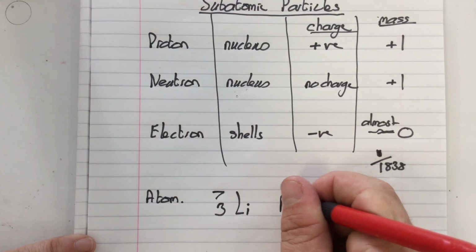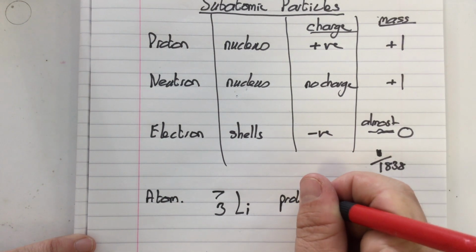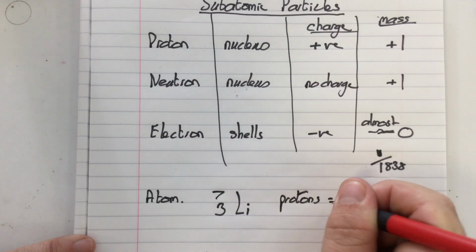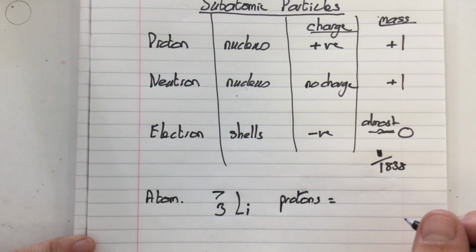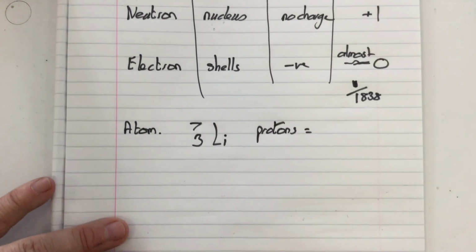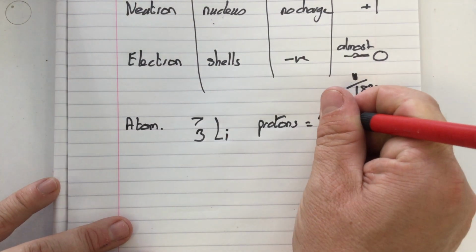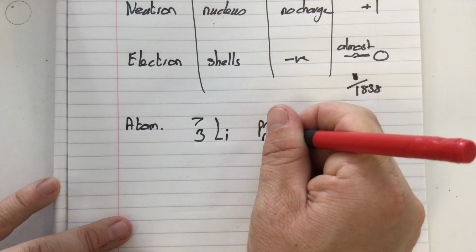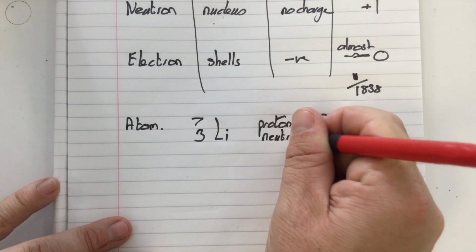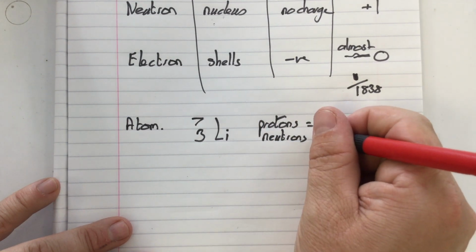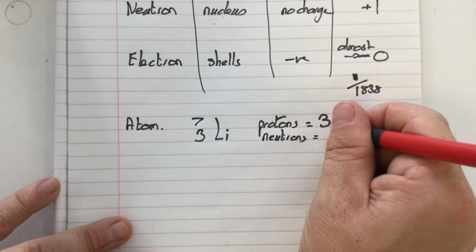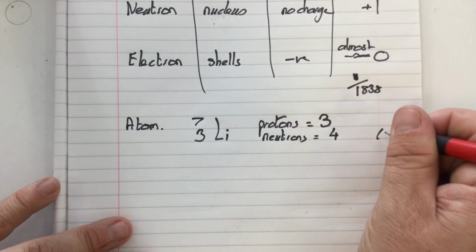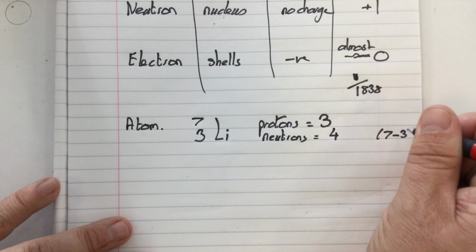So how many protons have we got? Any ideas? 3. Good. The protons is always the bottom number, the smallest number, which is 3. How many neutrons have we got? 4. That's the top number minus the bottom number, so I've done 7 minus 3.